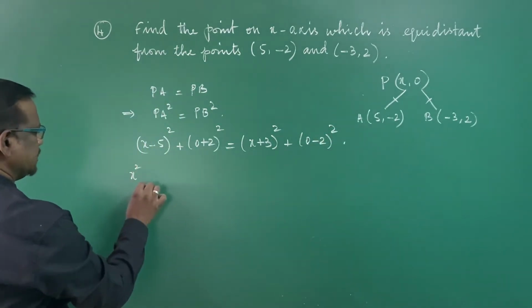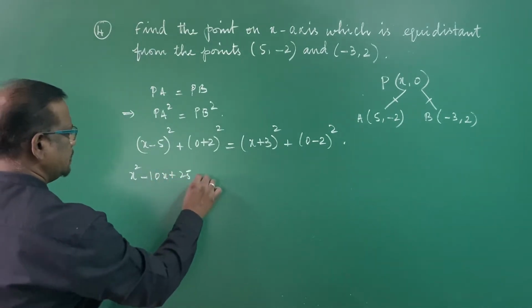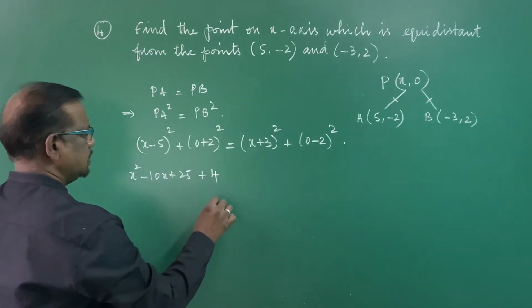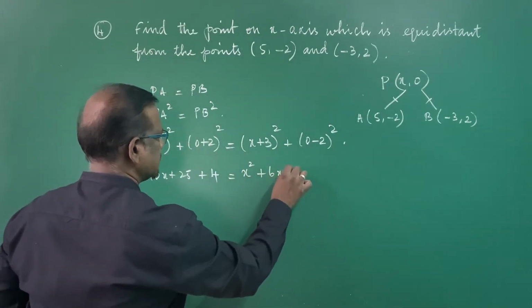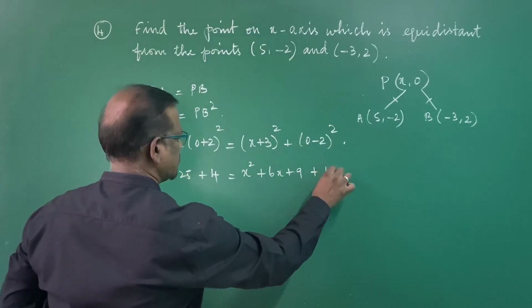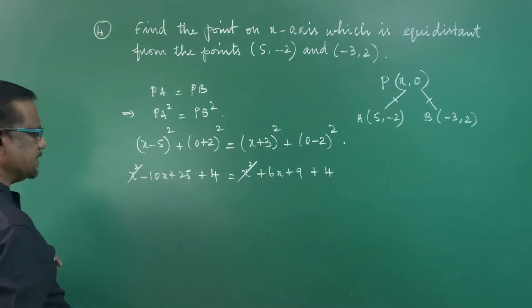So x square minus 10x plus 25 plus 4 is equal to x square plus 6x plus 9 plus 4. So x square gets cancelled.